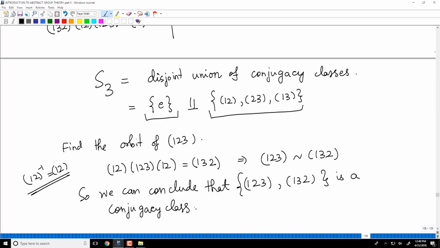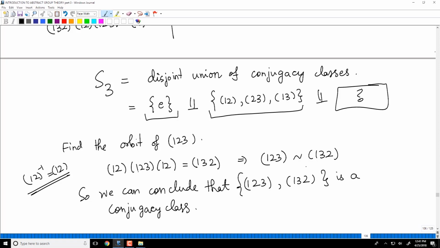Right? Because remember, we have to find one more. This must be the conjugacy class. Why is that? These are already part of a conjugacy class. (1 2 3) and (1 3 2) are related, so they are part of a conjugacy class. But can there be anything else in this conjugacy class? No, because S3 has only 6 elements and the remaining 4 elements are already accounted for.